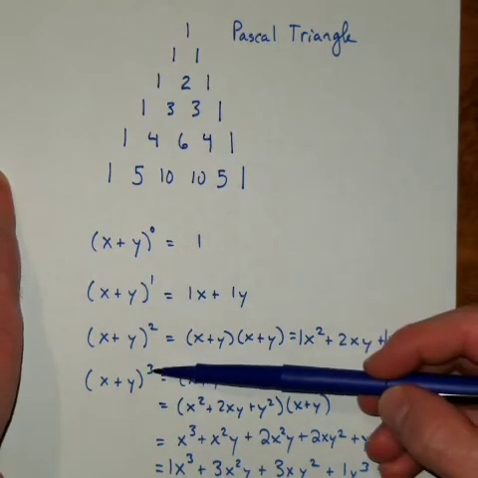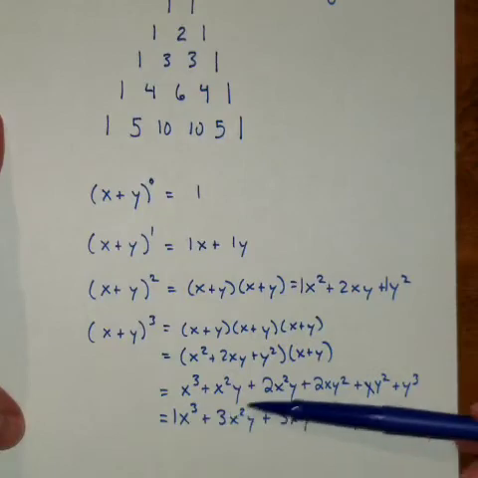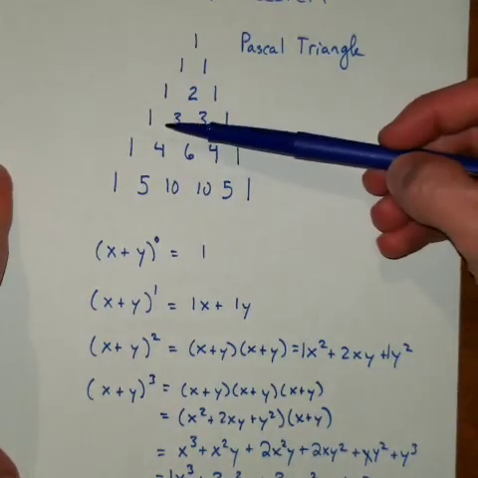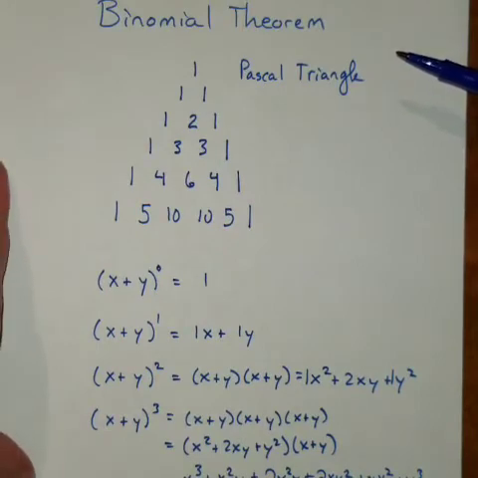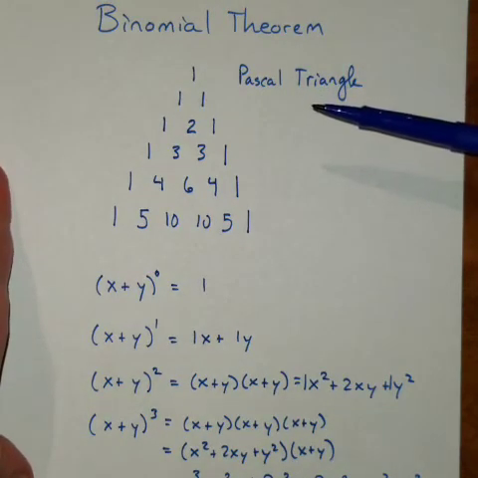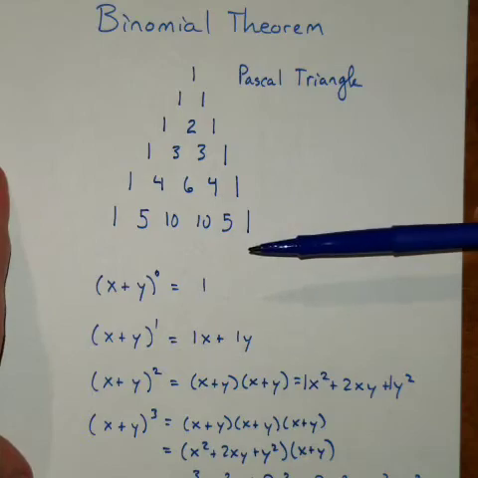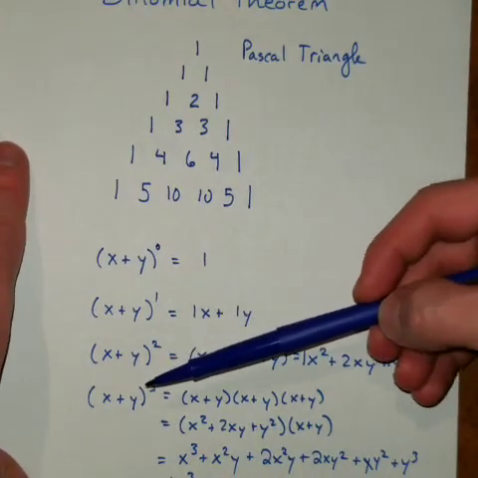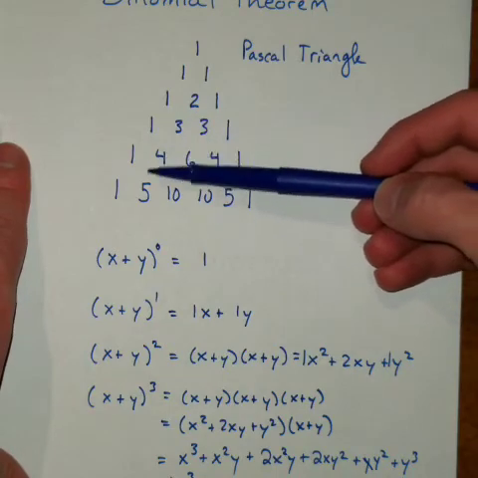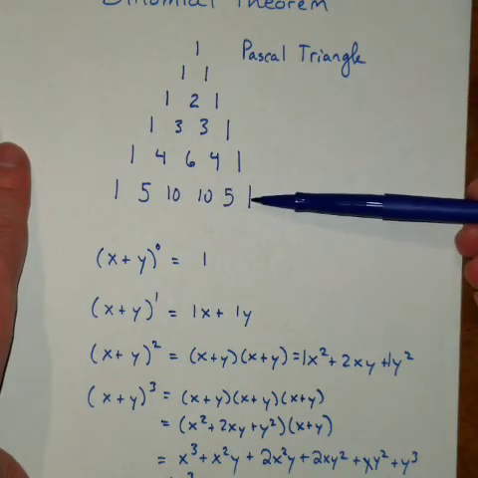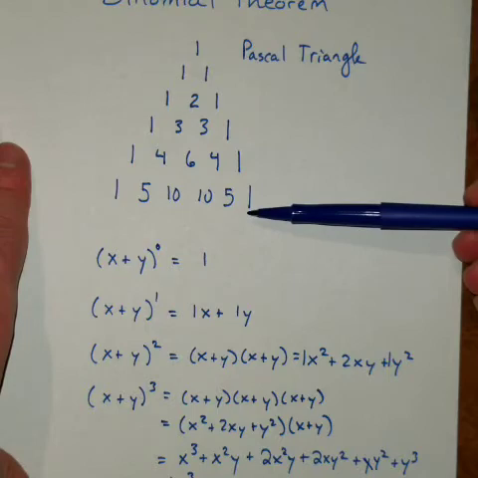And if you look at the third power, you get 1, 3, 3, 1, which is the fourth row. Okay? And so what's interesting is if you were to continue this pattern of raising a binomial to a power, the coefficients will match the corresponding row in Pascal's triangle.